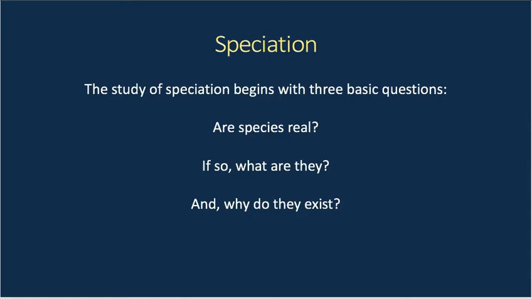Our brains are kind of geared towards wanting to recognize patterns. So the question is, do species exist in nature, or are these just categories that we have arbitrarily decided exist that don't have any real bearing in nature? So that's the first question.